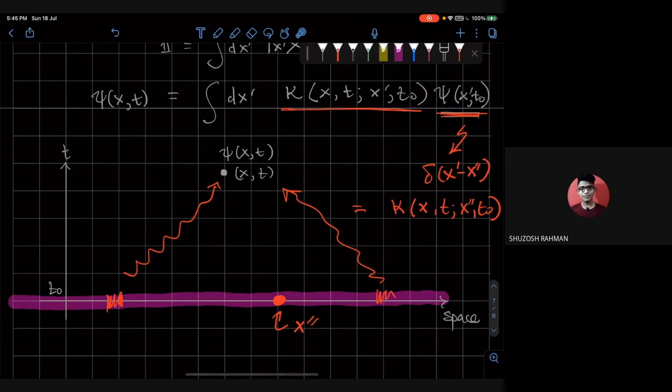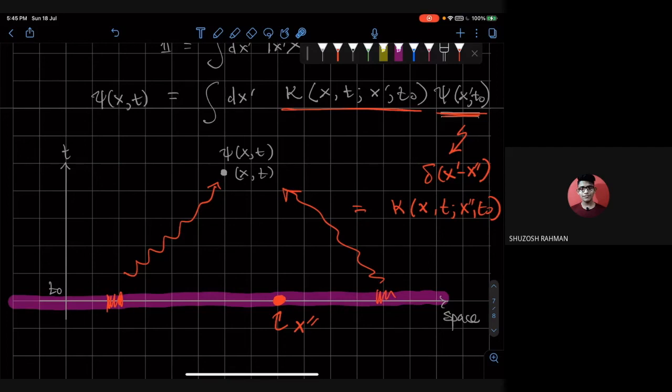So that is telling us that the propagator is equal to the wave function when the source in the past was a delta function. You can think of the propagator as the propagation of a unit of your state vector. The delta function is kind of a unit when it comes to functions in the continuum.